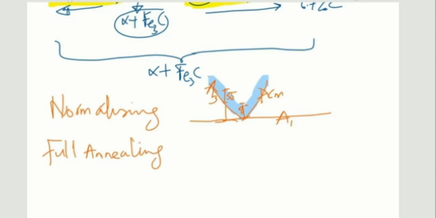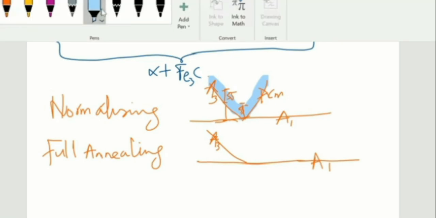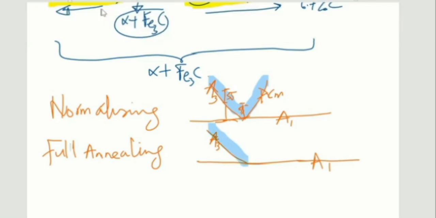Here is within the slanting L. That's the first part of the V, which is the A3, and this horizontal line is the A1. So full annealing is hitting at least 55 degrees above. So when you reach the A3 and ACM line, hit at least 55 degrees above it.